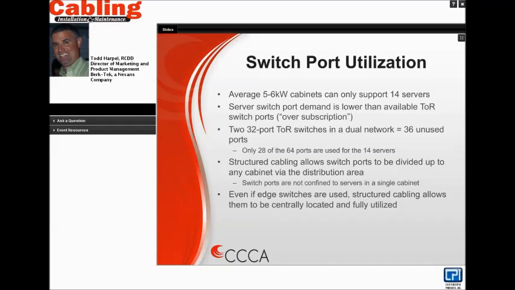There's a way to get more power, but this is a very average estimate. If you install a top-of-rack switch for all of those servers, two 32-port top-of-rack switches in a dual network environment represents about 36 unused ports. You're only using 28 out of the 64 ports that you're installing for those 14 servers.